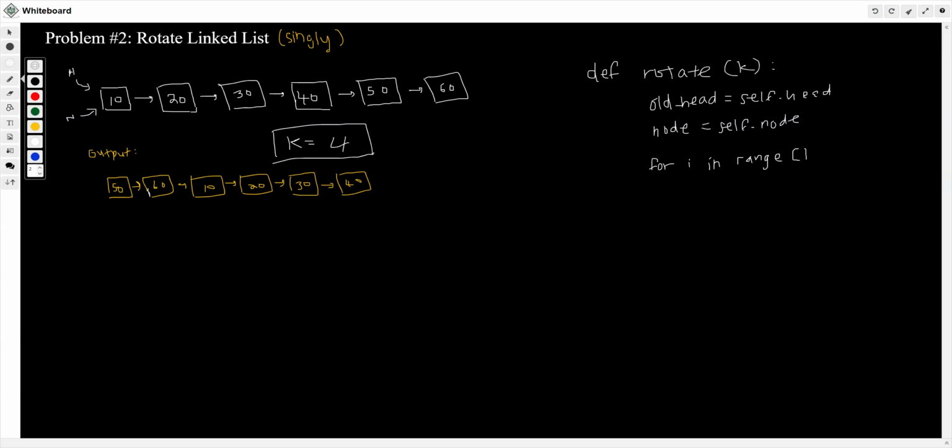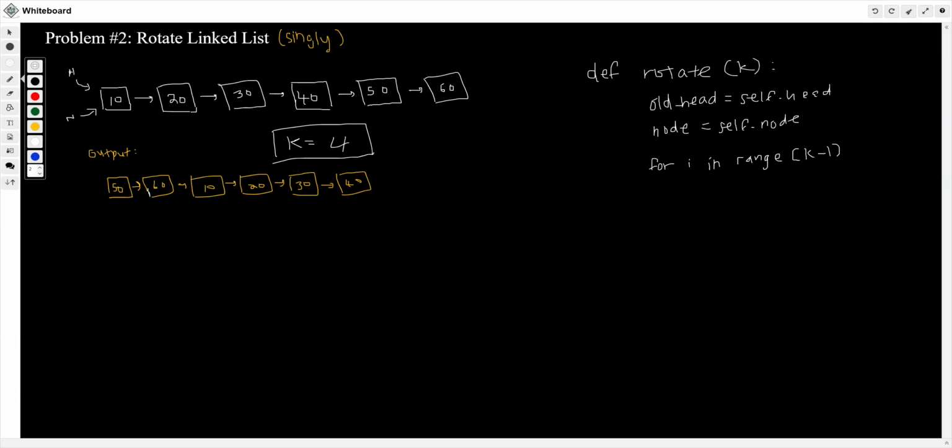So we are going to traverse up until k, and we're going to do k minus 1 because we're starting at 1. If it's 4, we have to go 3 to get to 4 in real life. Do you know what I mean? 1, 2, 3, but it's actually 4.